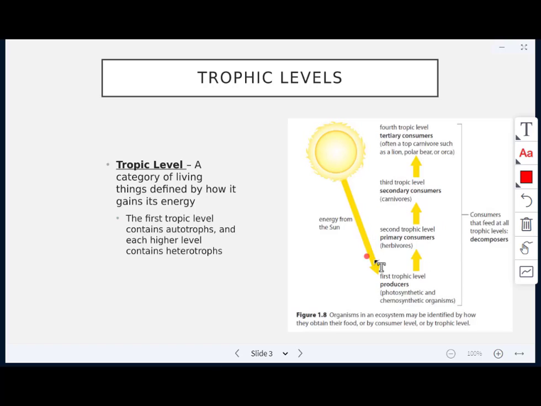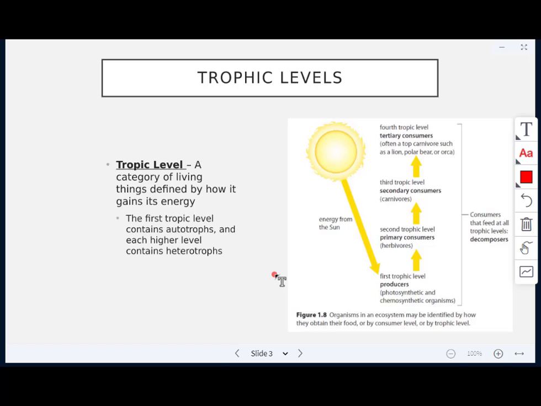Moving up, we have the second trophic level. These are going to be the primary consumers or the herbivores. Keep moving up, we have the third trophic level. These are the secondary consumers, such as carnivores. And then keep moving up, we have the fourth trophic level, which are also called tertiary consumers. Usually they are the top carnivore, such as a lion, polar bear, or an orca.